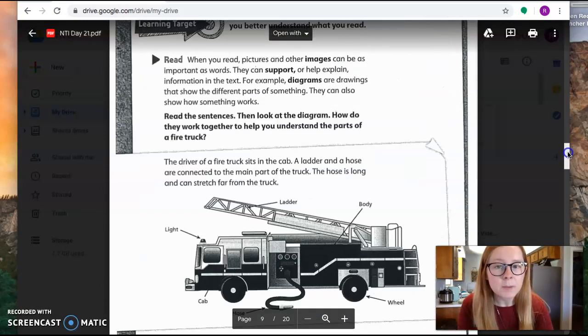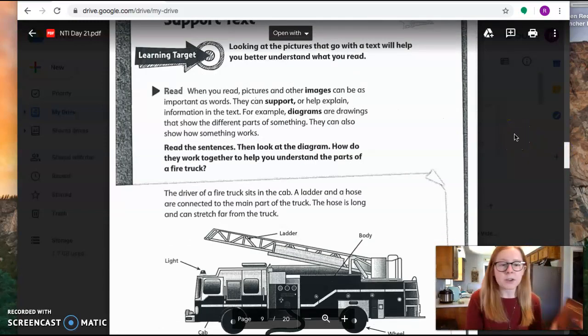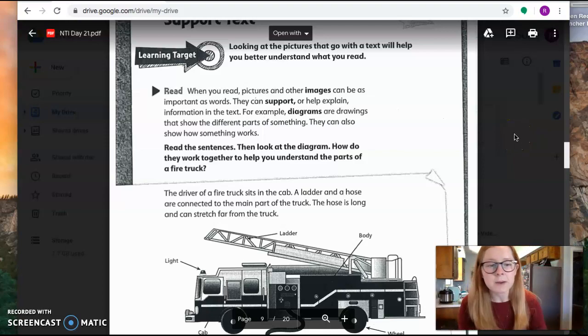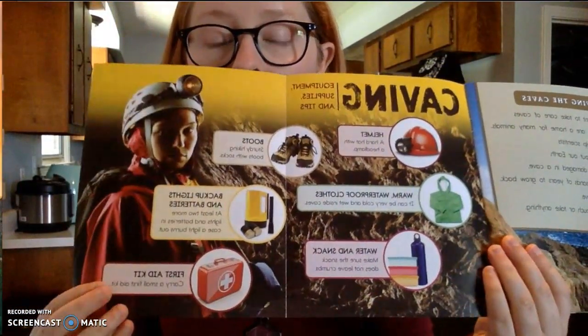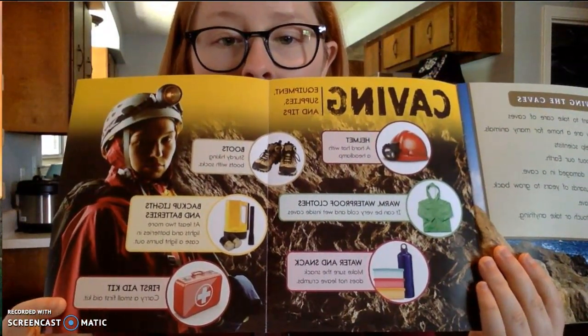I want to talk a little bit more about these visuals, though. So when you're reading a nonfiction book, I have a couple with me here today. I'm going to make my screen bigger so you can see me. Okay, so I have a book about caves. And in the back of this book, when you're going caving, you need a lot of different equipment. And this is a great visual because it shows you a picture of what you need.